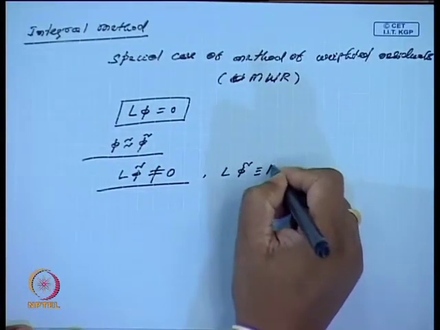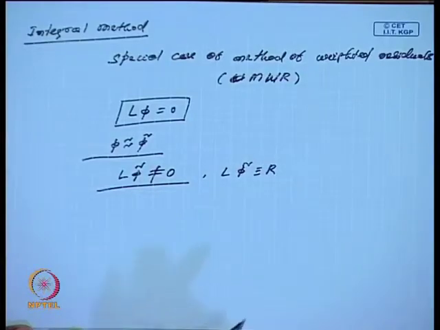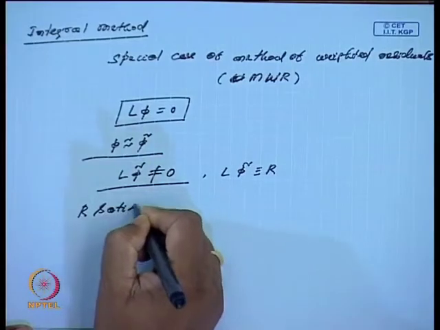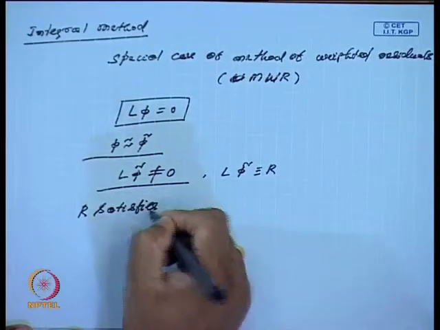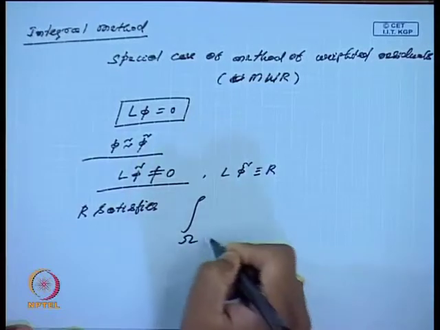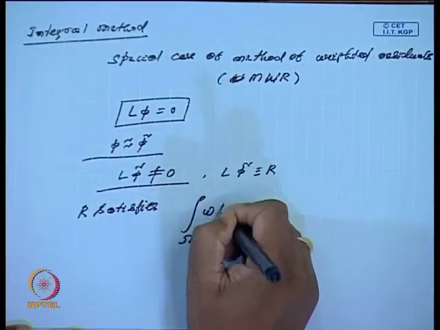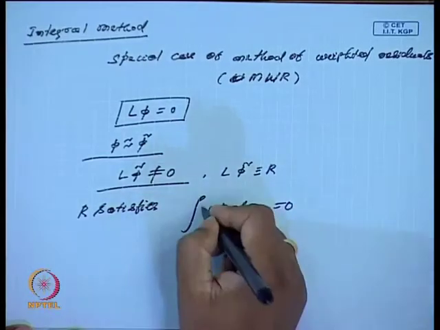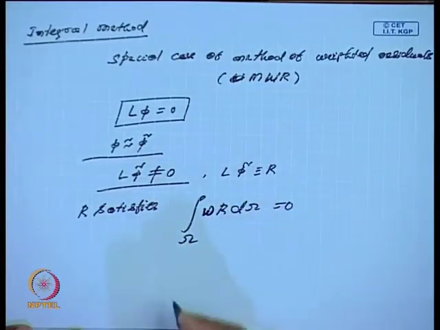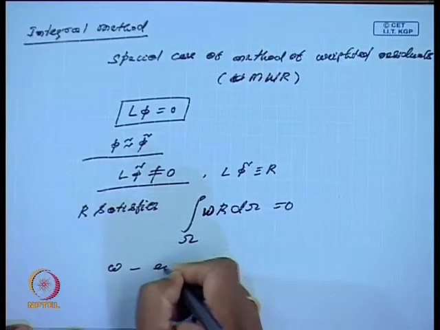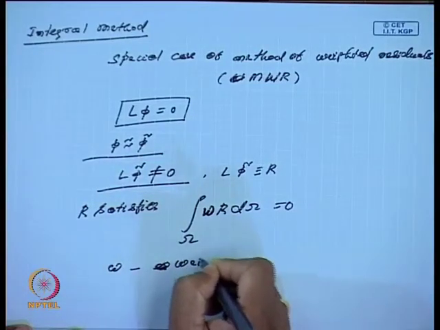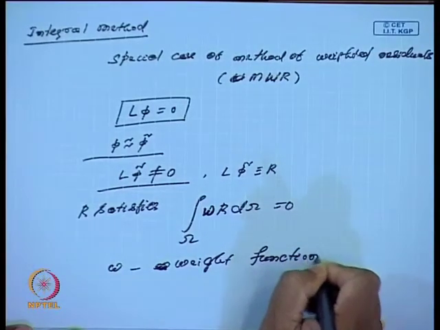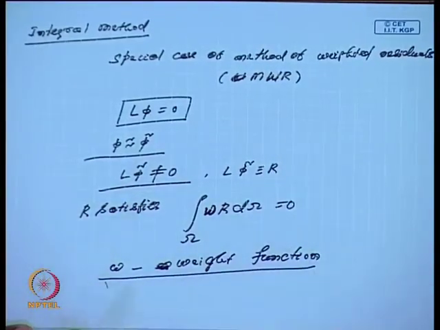But L of phi tilde will be identical to R, and what is R? In a very simple form, R satisfies, over the domain omega, the integral of W R d omega is equal to 0. W is called the weight function, and R is called the residual.